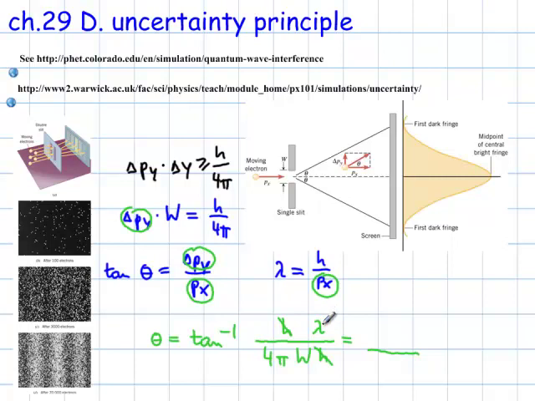the de Broglie wavelength, which is given as 633 nanometers, and the width, which is given as 0.200 millimeters.